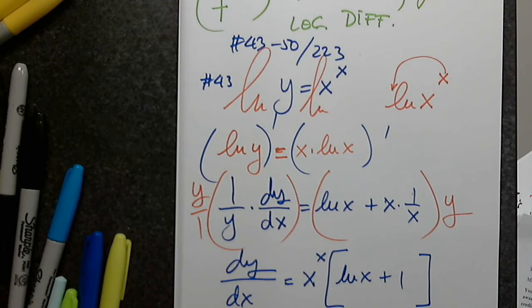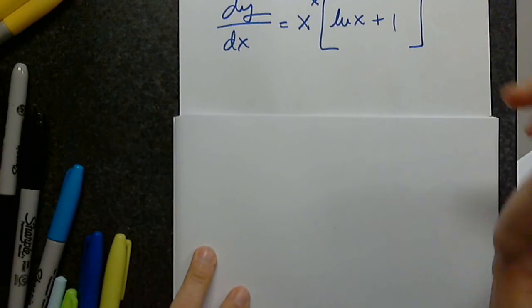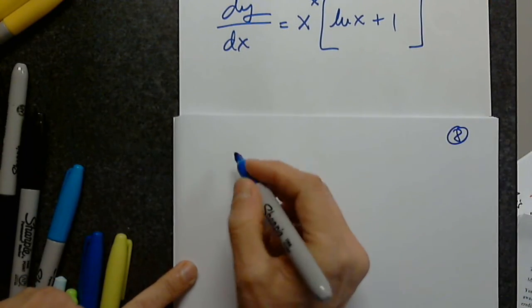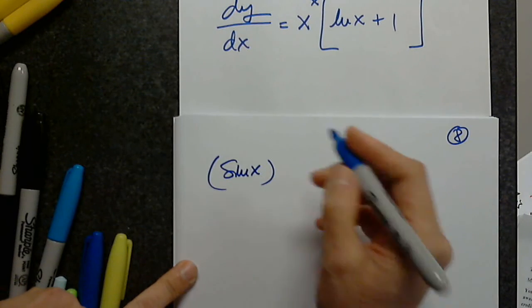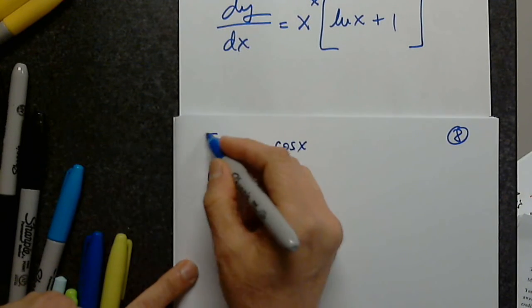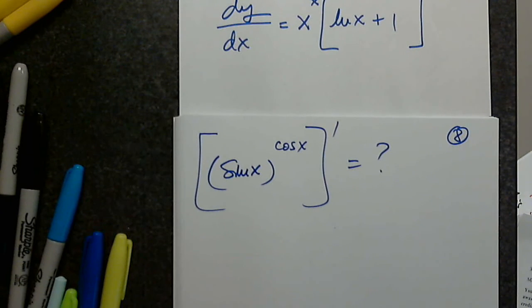Okay, let me choose. Let's make one up. So let's say sine x raised to cosine x. There is no rule for a function raised to a function. I can still find an expression for this function's derivative, but there is no rule.